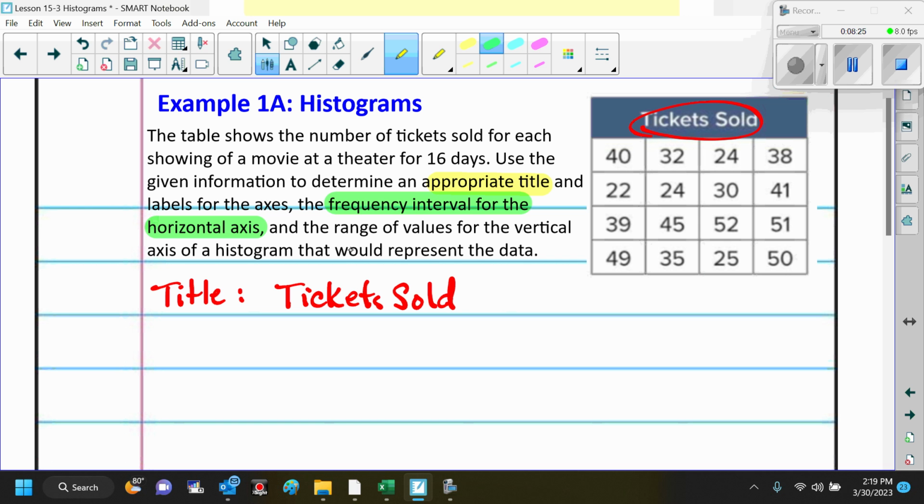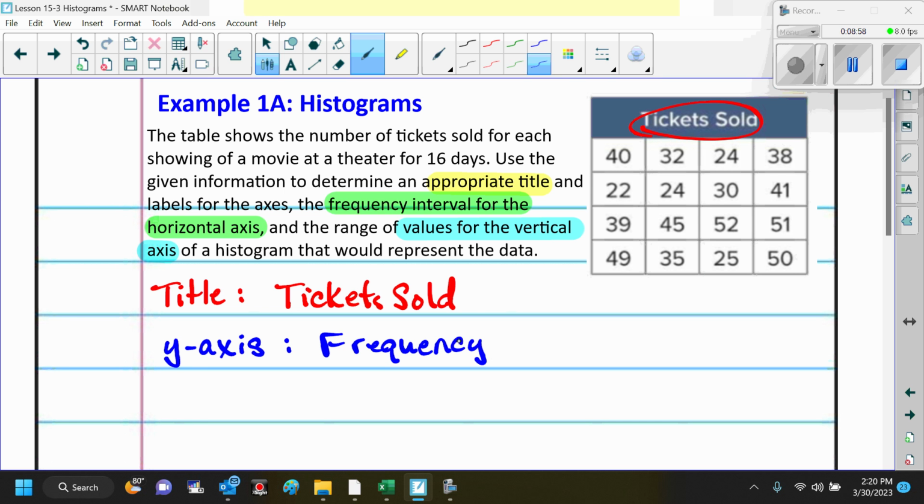And the range of values for the vertical, that tells us the frequency. So we want values for the vertical axis. We want to know the labels for that. So on the vertical axis, that's the y-axis, it's always going to be frequency.